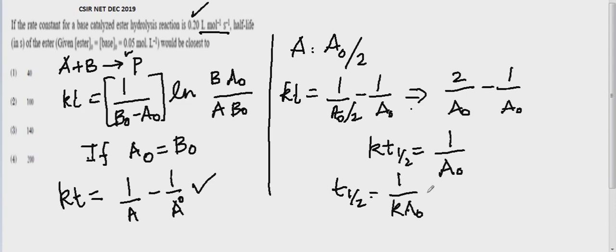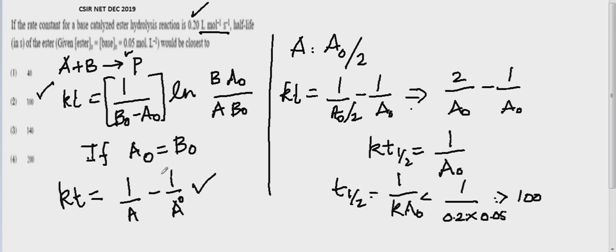If you substitute, this will become 1 by 0.2 into 0.05, which implies 100. So the right choice is 100.